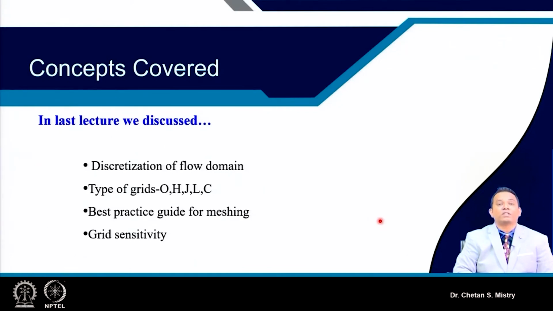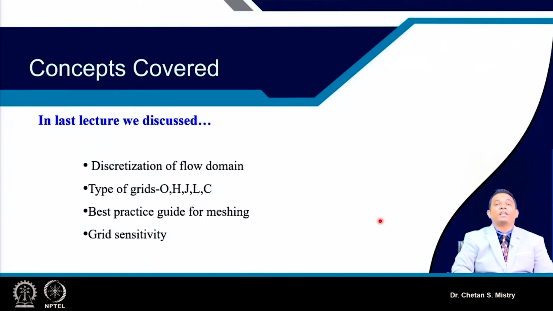We also discussed the best practice guideline for meshing, where we discussed what kind of analysis we are doing and, based on that, how many elements we need to go with. We were even discussing the Y plus value.